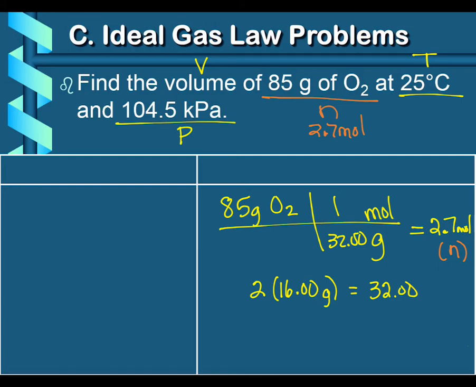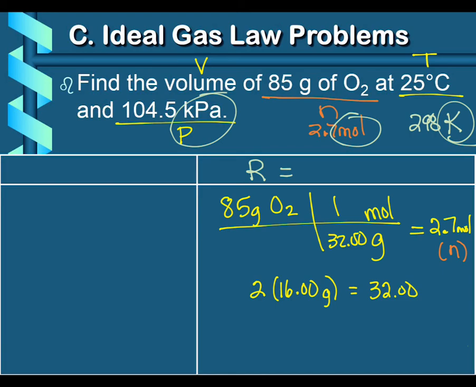Let's go ahead and pick our R value. If I had to pick an R value that I was going to work with, I need an R value that has kilopascals, moles, Kelvin, because 25 degrees Celsius in Kelvin is 298 Kelvin, so I need Kelvin. And it says find volume, but it doesn't tell me what the volume units have to be.